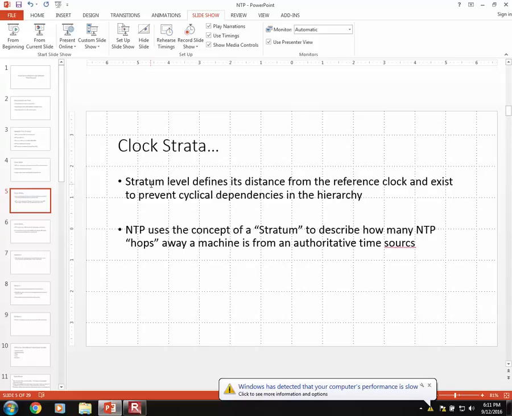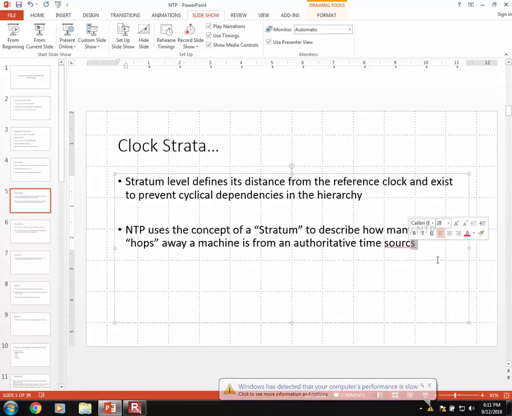So basically, you start off at the top with a very reliable time source, and then you work down. NTP uses the concept of a stratum to describe how many NTP hops away a machine is from an authoritative time source.